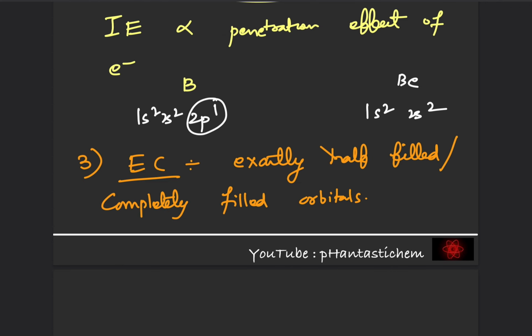So removal of electrons from such atoms will need more energy than expected. That's very obvious because we are disturbing a very stable system.